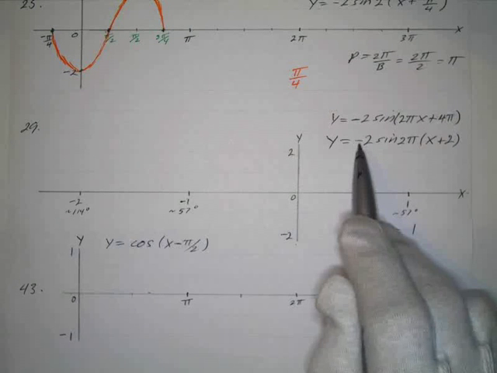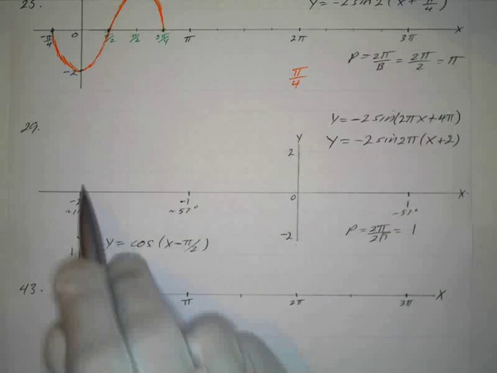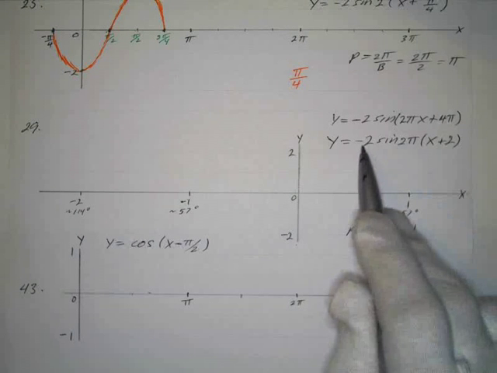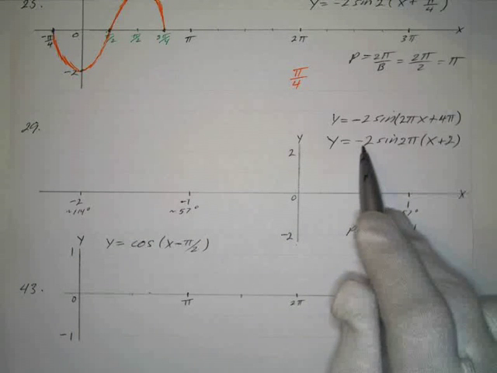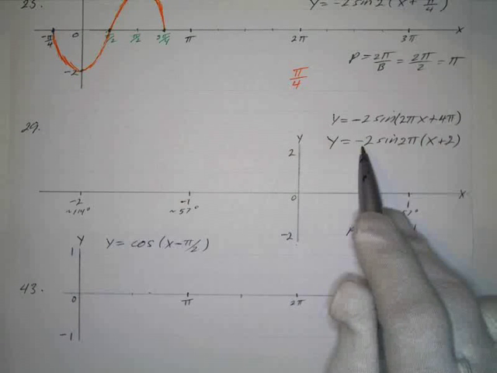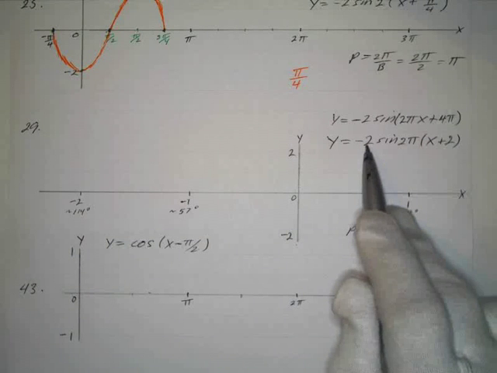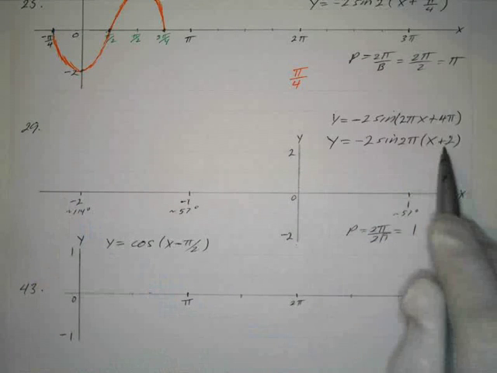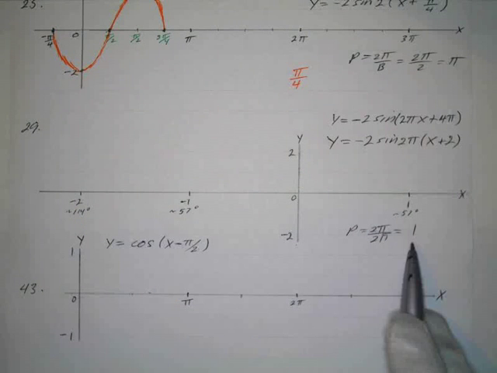And I've got an amplitude of 2, and it's negative. So we're going to go negative, then positive, rather than positive then negative in our 1s, which would be 2s in this case. And the period is going to be just 1 radian.